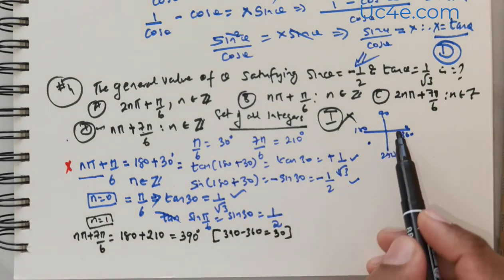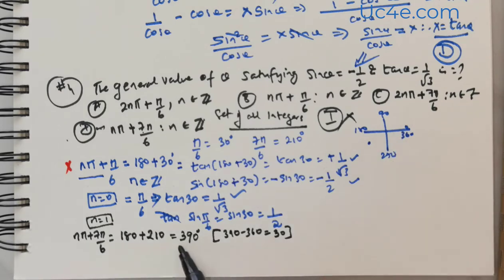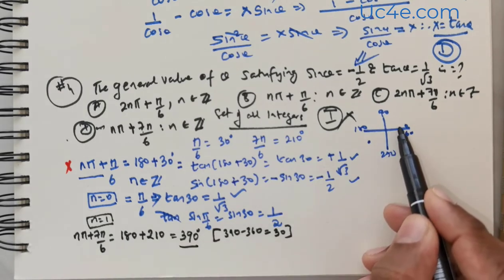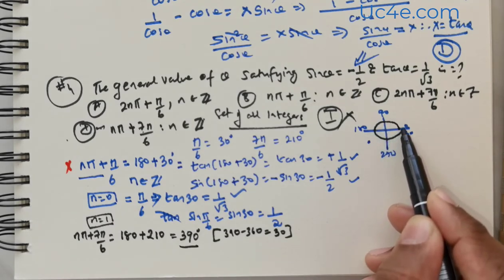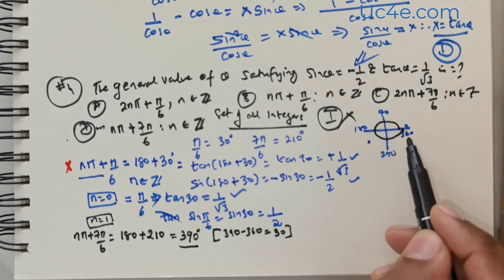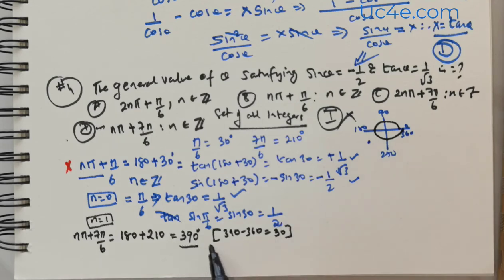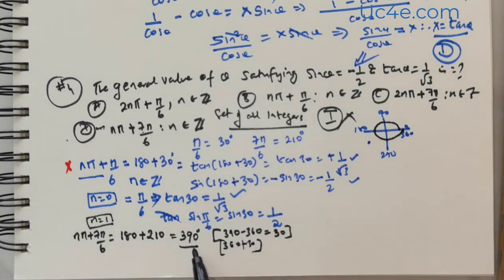So let me just show you where exactly 390 degrees is located. Now you start here, 360 degrees will land you up in one spin, right? Plus you have to add 30 degrees, right? This is actually 360 plus 30. That is what is going to give you 390.